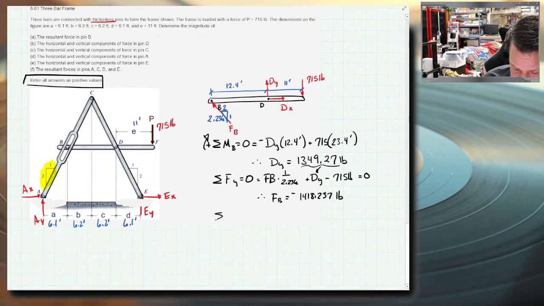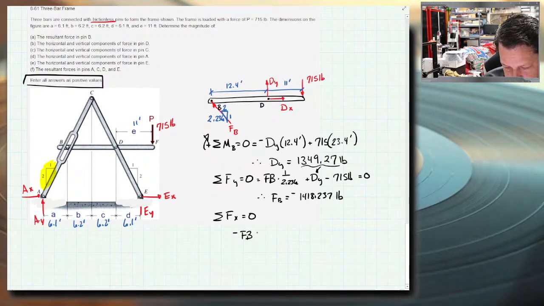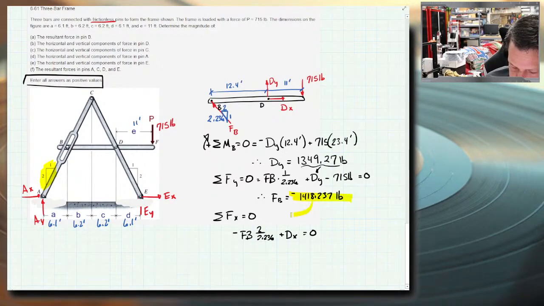So let's do summation of forces in X. And I'm going to write this according to the free body diagram. So negative FB, the X component is 2 over 2.236 plus dx equals 0. But then I'm going to plug in negative 1418 here.